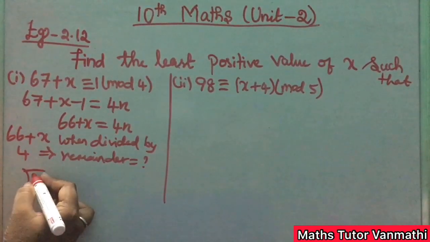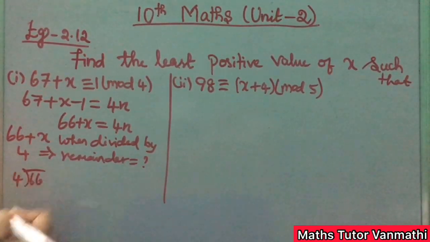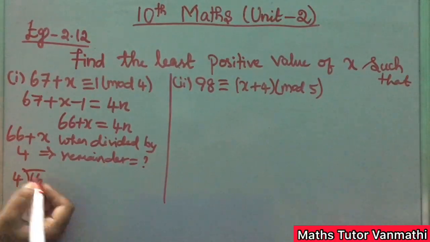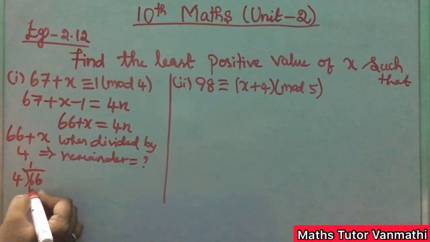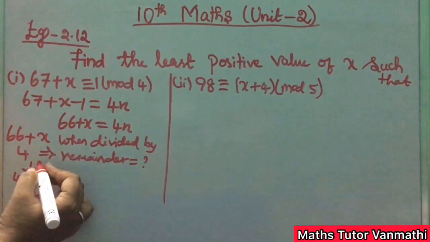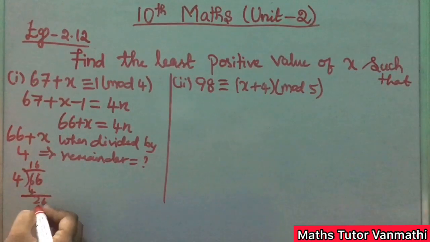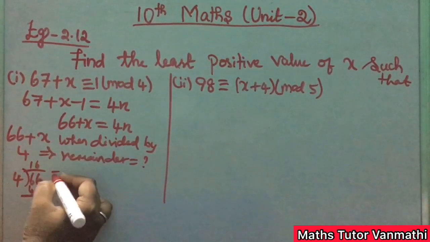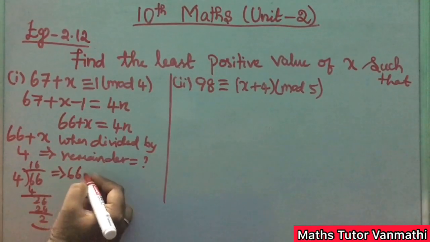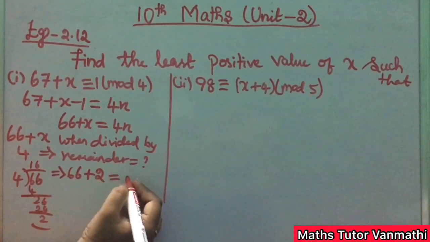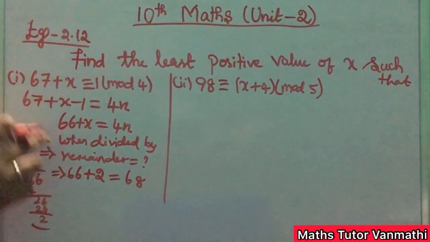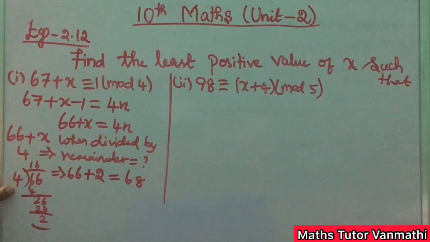Dividing this, that is 66, by 4, you will get 4 ones are 4, 2, 6, 4 6s are 24, remainder is your 2. Then you add here 66 plus 2, which is 68. So this 66 is not divisible by 4.